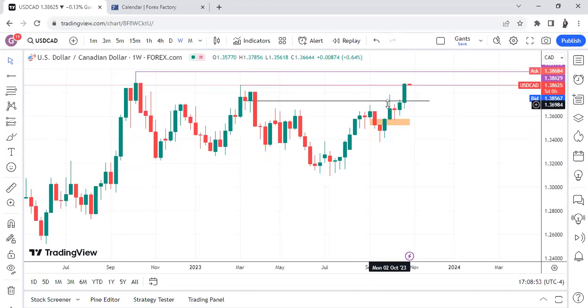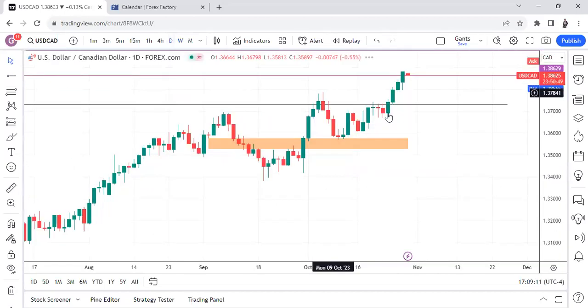When it finally traded above this, I knew that it was going to rally higher, and that was what we got. So let's see if we can take out this high this new week. All right, I'm still bullish. I'm bullish on USD CAD. Let's see how it takes out this high this new week. On the daily time frame we had Monday, Tuesday created the low of the week, and then started running higher from Tuesday till Friday.